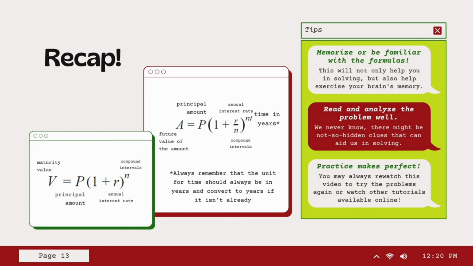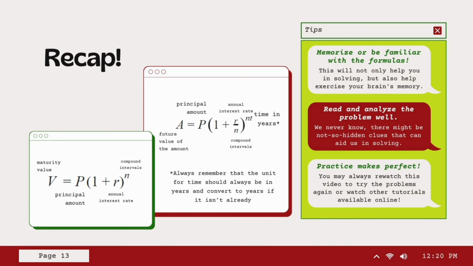Let's have a recap. We have learned two formulas today that are related to compound interest, and they are the maturity value formula, V equals P times quantity 1 plus R to the power of N, and the basic compound interest formula, A equals P times quantity 1 plus R over N to the power of NT.